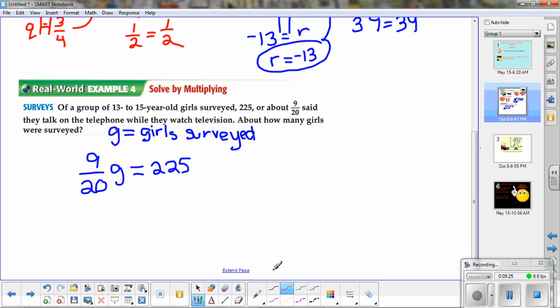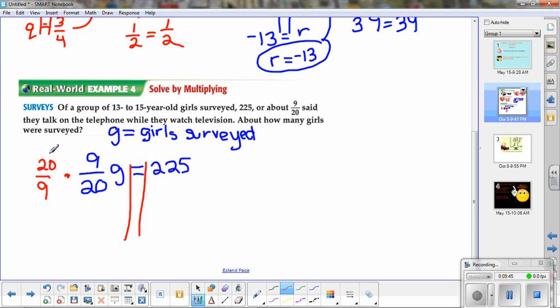Now to solve this problem, we're going to draw our train tracks to have our two sides. And just like in the example above, in order to get 1g, we're going to multiply both sides by the reciprocal of 9/20ths, which is 20/9ths. That will allow us to get 1g on the left.